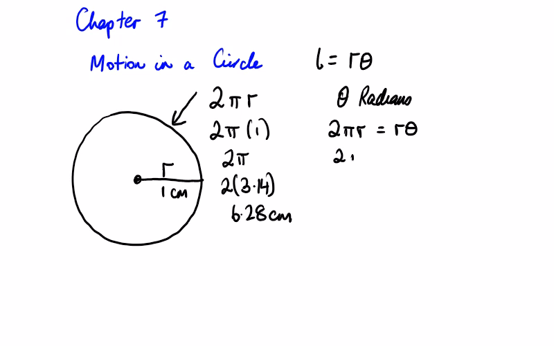If r is equal to 1, we're going to get 2 pi is equal to theta, so the length of the arc will be 2 pi, the angle will be 2 pi, and 2 pi is equal to 360 degrees, so pi is equal to 180 degrees. So we have 2 pi radians all the way around the outside of the circle, and we also have 6.28 centimeters. So let's look at the intro questions into this chapter.